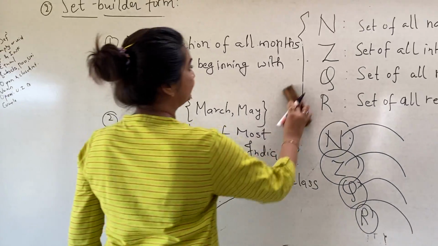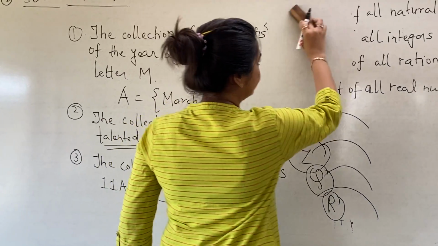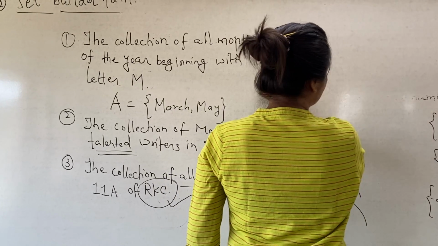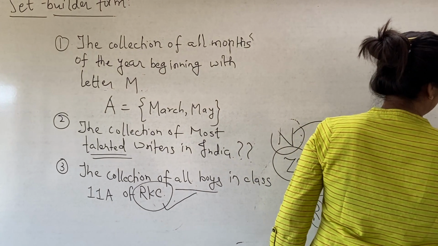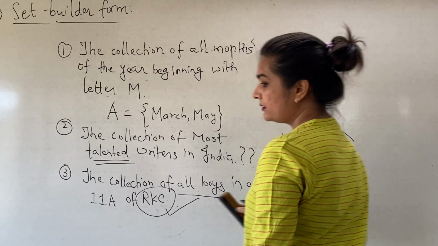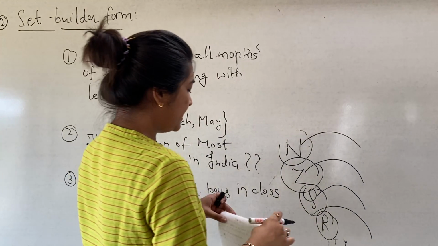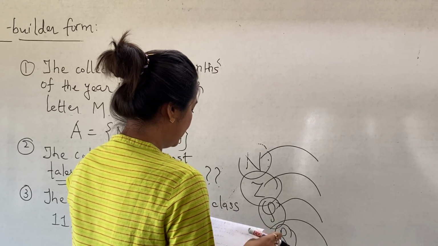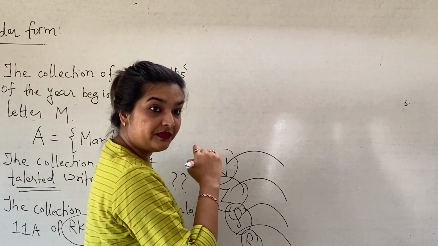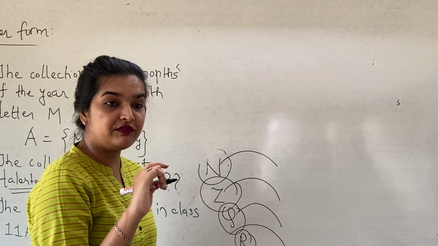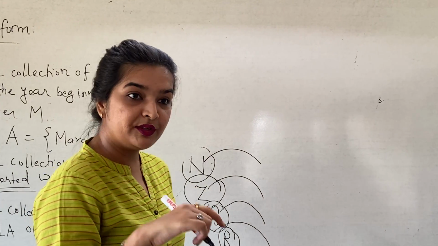Now convert the following into the roster form. I am giving an example of set builder form, and you have to convert that into roster form.